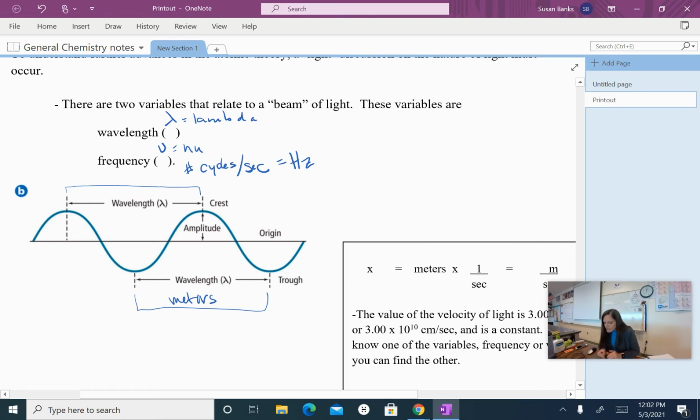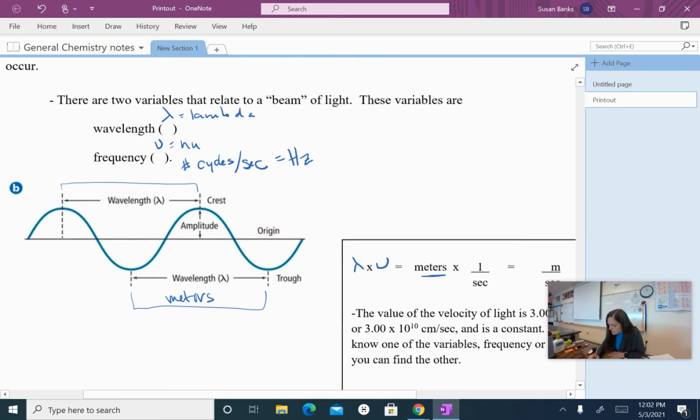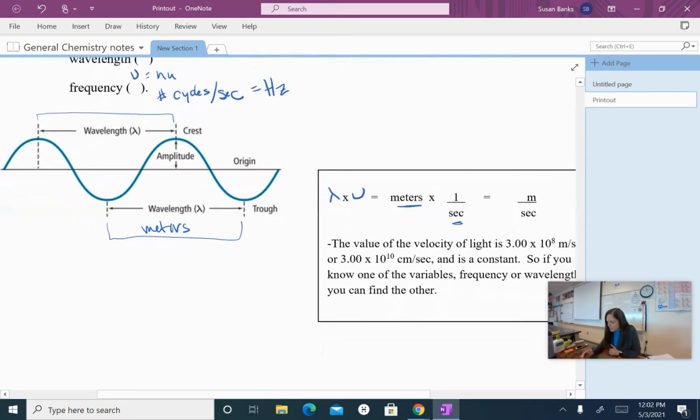So if I do wavelength, which is in meters, and I do frequency and I multiply them together, I will have meters times 1/second. I get the unit of meters per second. And meters per second is a speed or a velocity. It tells me how fast something is going.